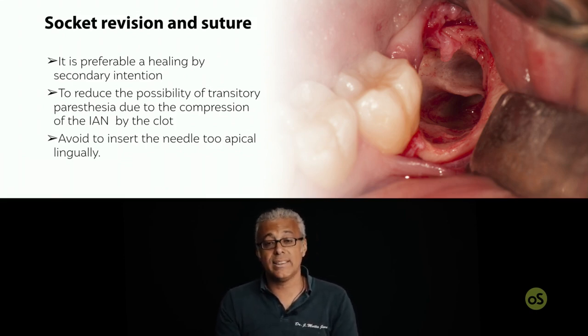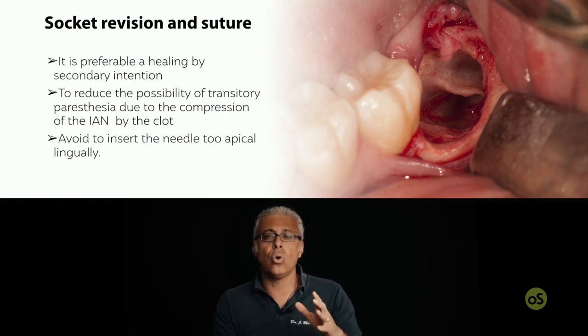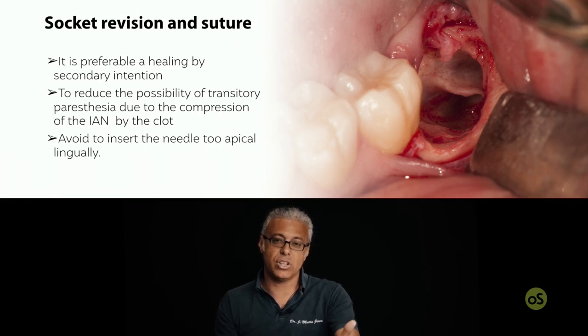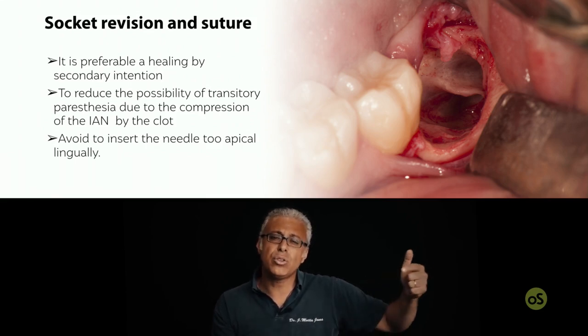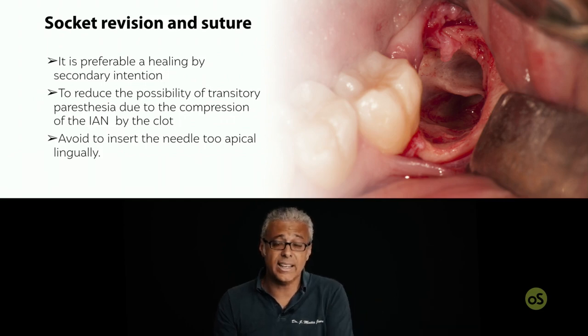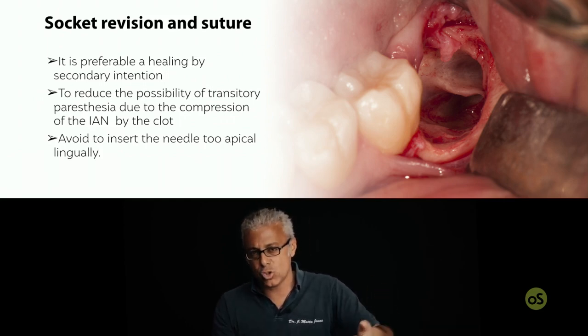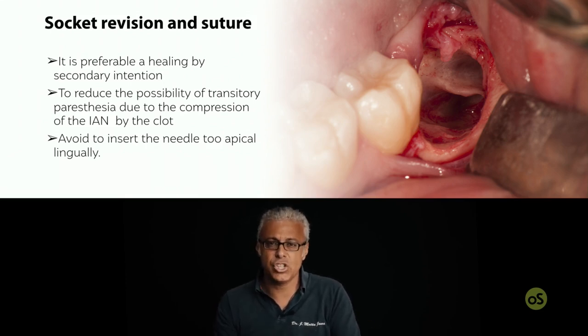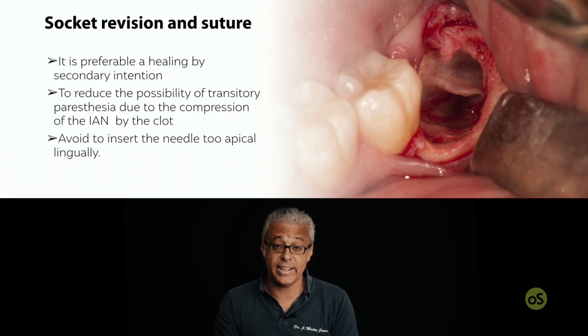And another important thing is that since we don't know where the lingual nerve passes lingually to the second molar and to the socket that we have just created, extracting the tooth, we don't have to go too much apically on the lingual aspect when we place the suture, in order not to pinch the nerve itself.